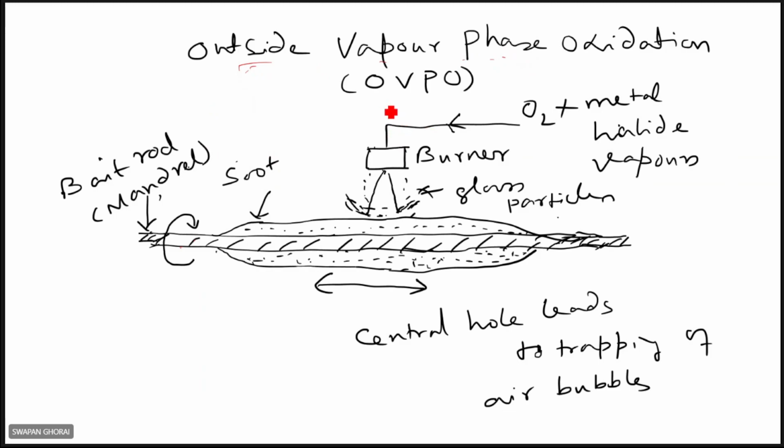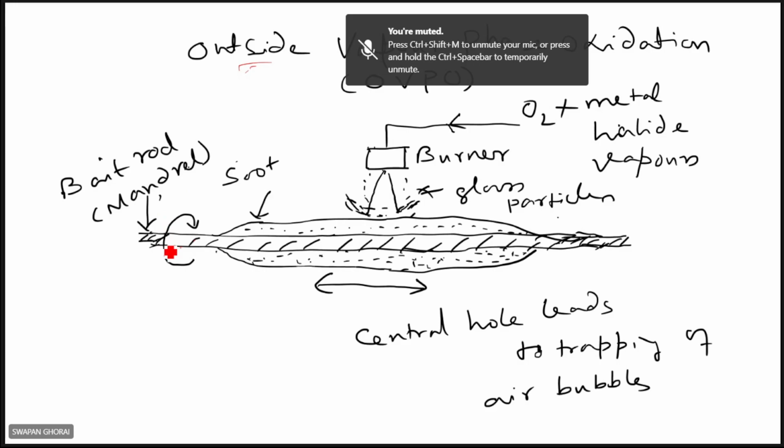Here you can see outside vapor phase oxidation. Initially, there will be a solid glass rod. This is the solid glass rod, which is called the mandrel or bait rod, and there is a burner which is moving.